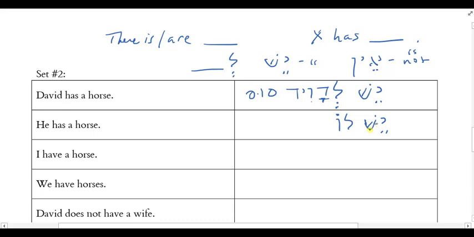And so if we were translating it as a predicator of existence, there is or there are to him something. So that's why the preposition lamed indicates possession. That's why you can't put hu or he. Exactly, the lamed is indicating possession here. So he has, or there is to him, and then a horse.